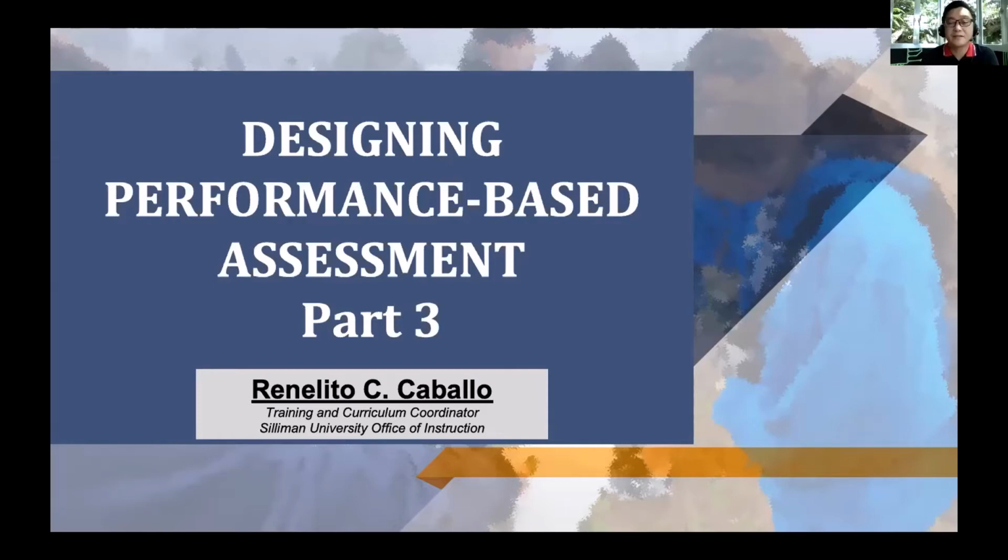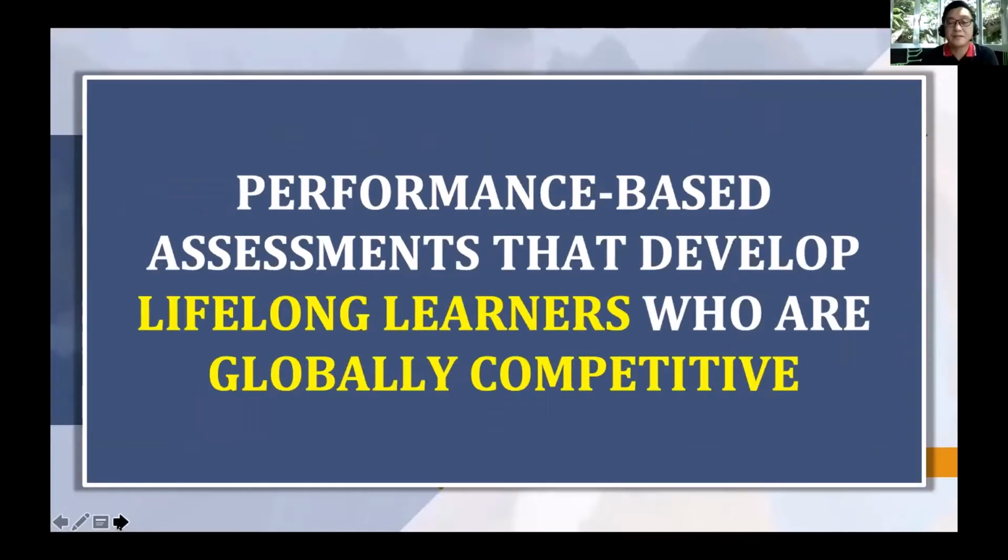So we've been talking recently about how to design performance-based assessments or performance tasks that develop lifelong learners who are globally competitive. And I think we have had a lot of discoveries, realizations, or learnings, or unlearnings, or relearnings when we realize that performance tasks must be standards-based. That means aligned with the transfer goal and performance standard.